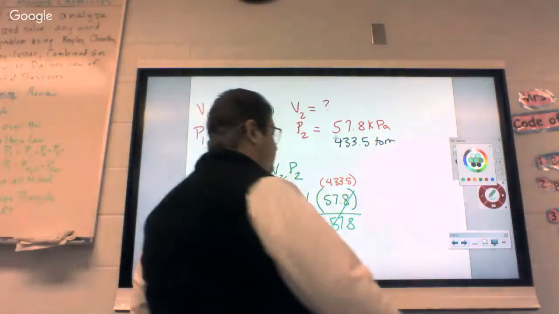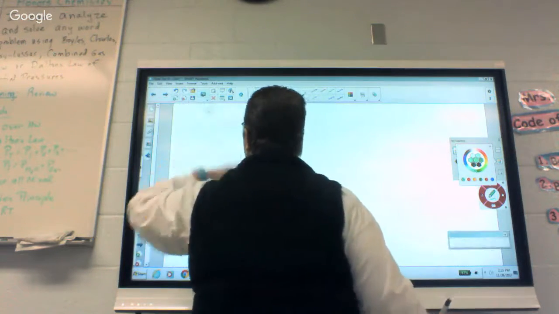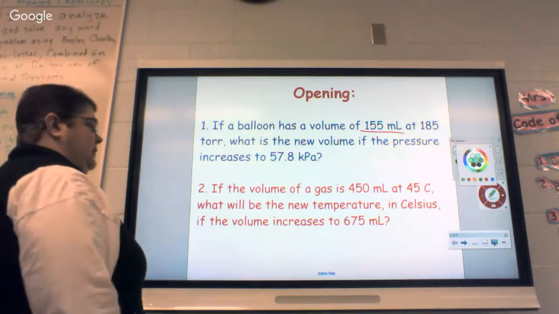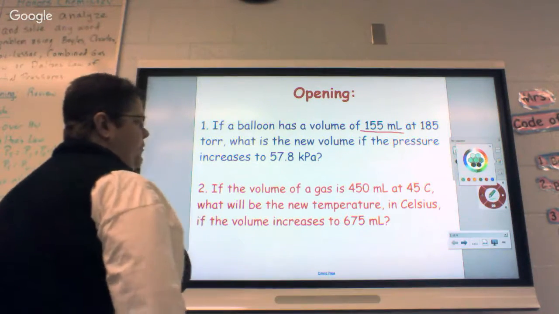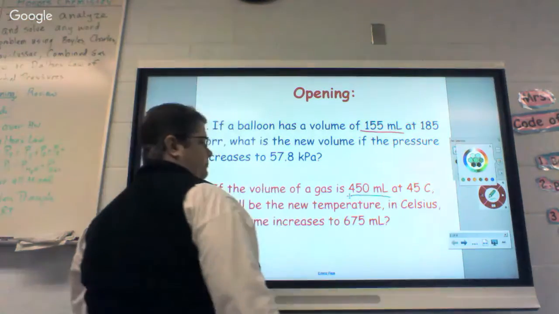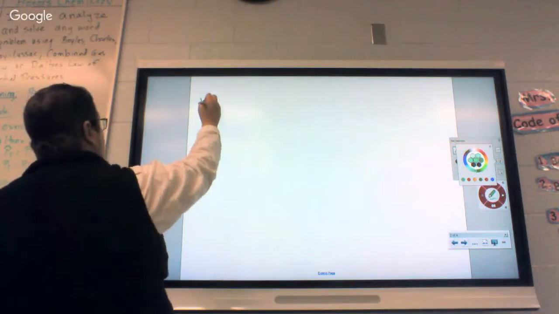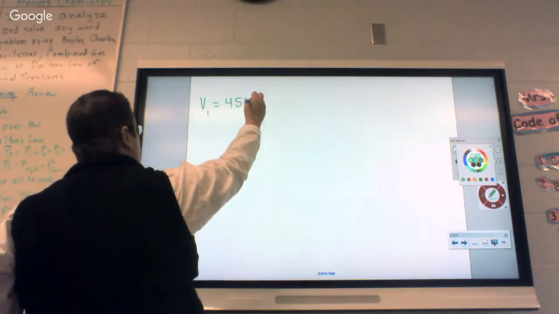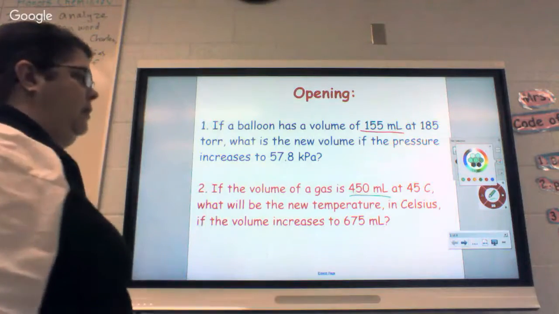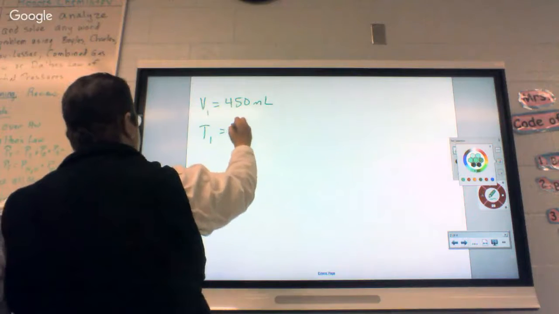Okay, so if we do number 2, number 2 says, find the new temperature. We're doing a T1 this time. So, if the volume of a gas is 450 ml, V1 is 450 ml, at 45 degrees Celsius, I've got a temperature of 45 degrees Celsius.